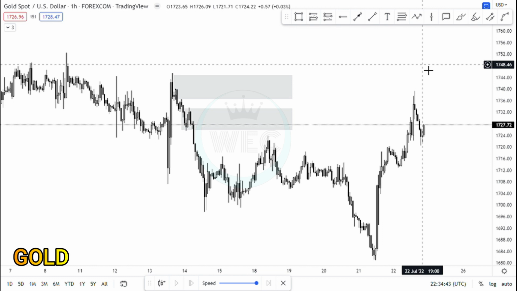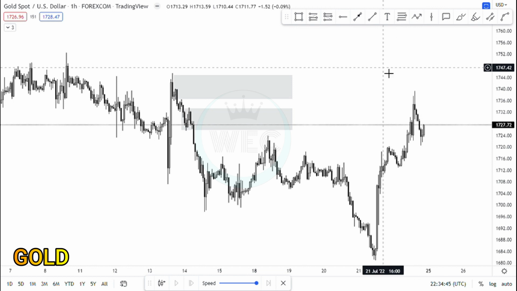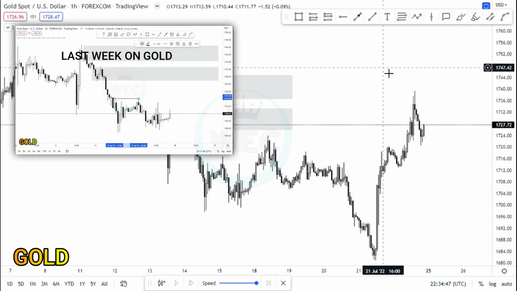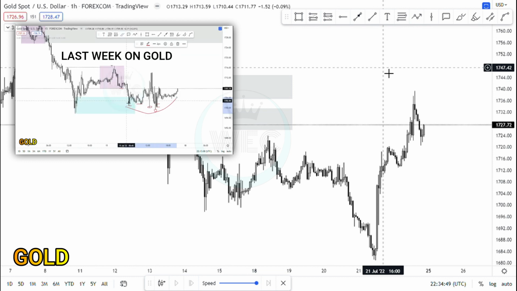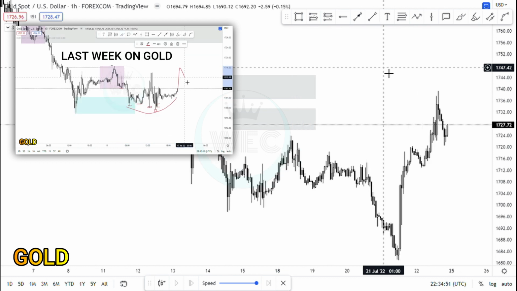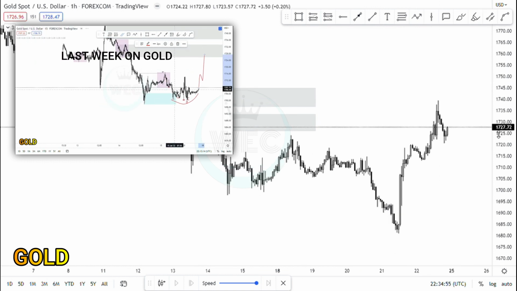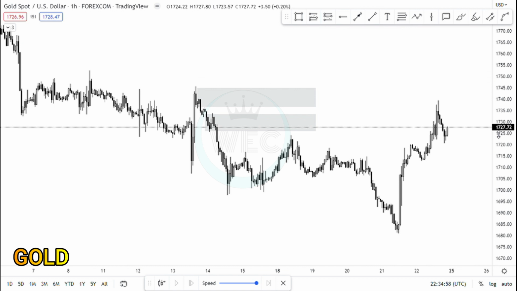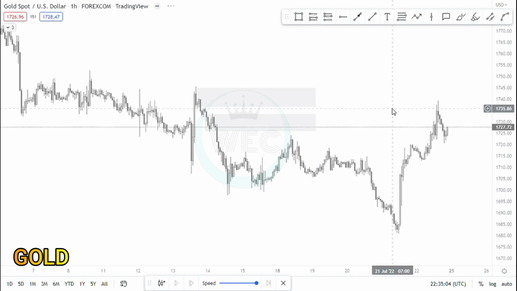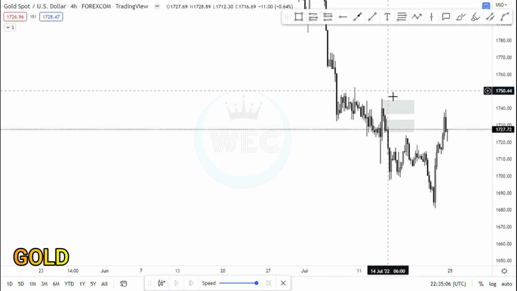So real quick, I'll be starting with gold, and I'll be showing you a quick snippet of whatever we talked about last week on the left side of the screen, right? Because we looked at the higher time frame structure last week, that was weekly and daily, I'm not going to go into weekly and daily, but real quick, I'm going to start from H4, and I'm going to show you what I'm seeing.